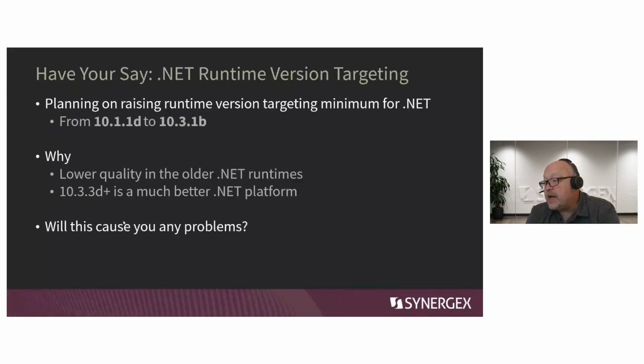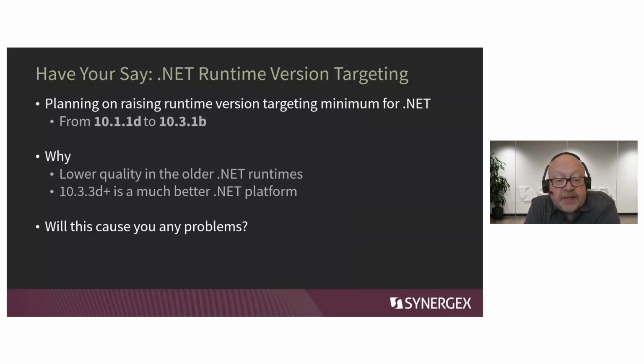The next thing that we'd like some feedback on is specifically .NET related. So .NET runtime version targeting. We are planning on raising the minimum runtime version targeting version from its current 10.1.1d, which is a version that was released in August of 2014, to version 10.3.1b, which was a release from pretty much exactly one year later, so August 2015.